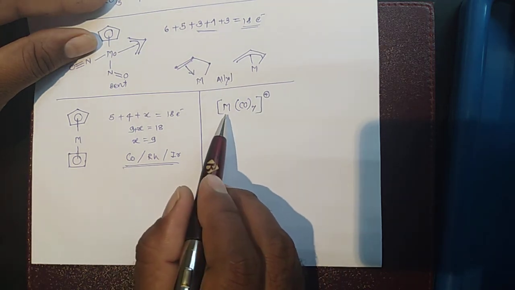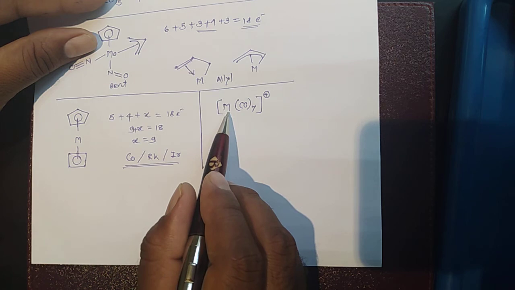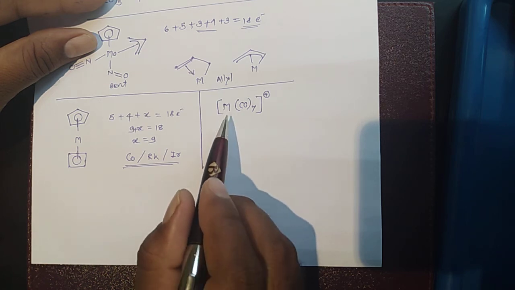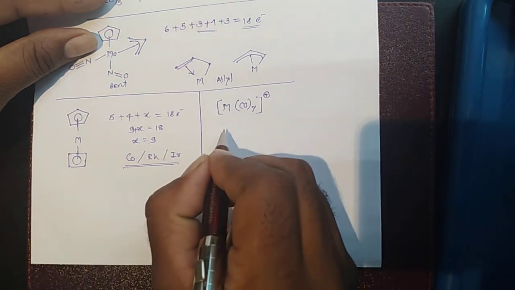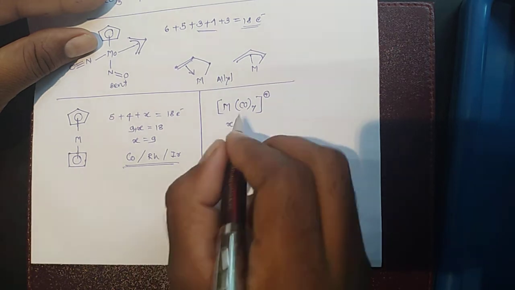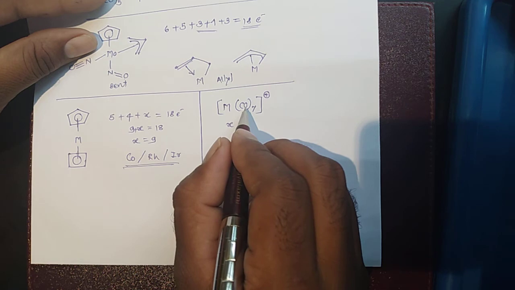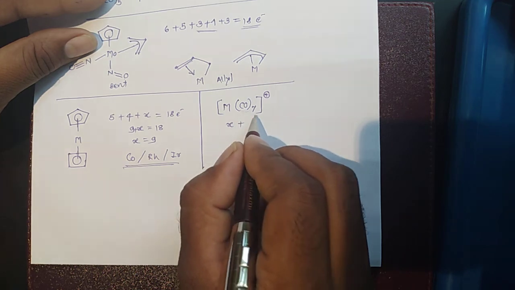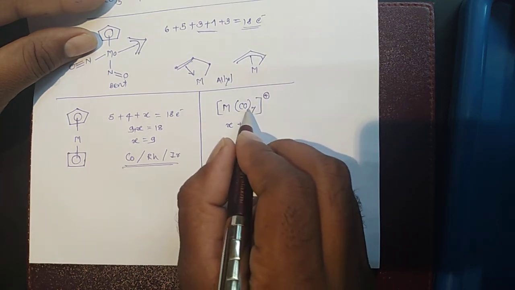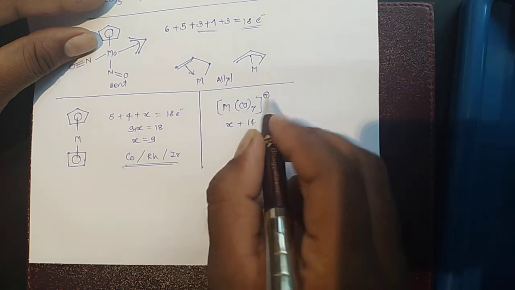Then again we don't know the number of electrons provided by this metal, so we will write x. Then how many electrons with the carbonyls? Each carbonyl gives 2 electrons, so total 7 into 2 is 14.